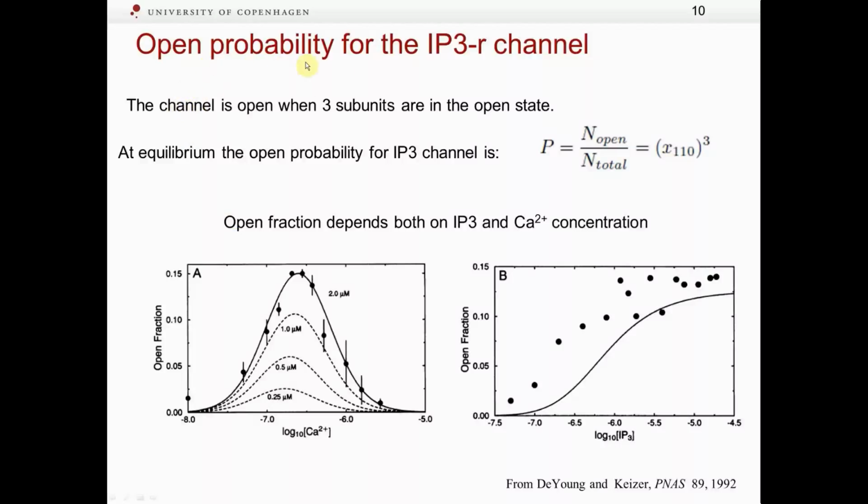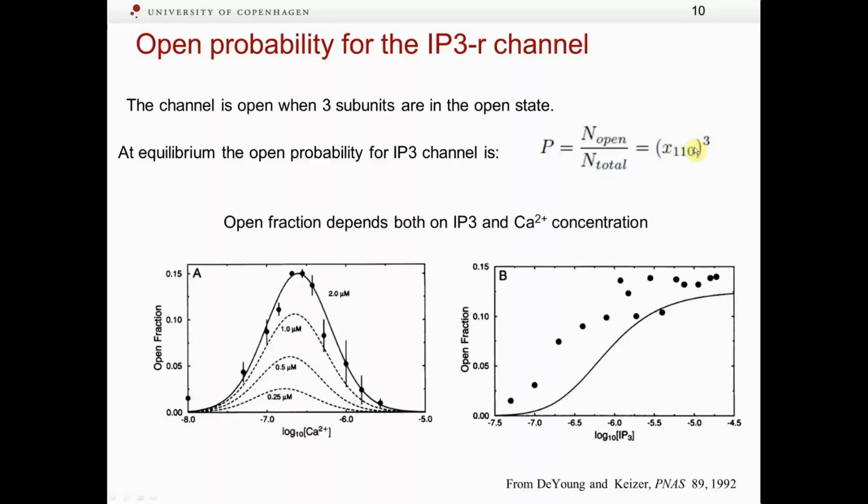Overall, the open probability of the IP3 receptor channel depends on all 3 subunits being in the open state. So, for a given IP3 and calcium concentration, the probability of being in the open state depends on the fraction of subunits that has bound IP3 and calcium at the activating site.